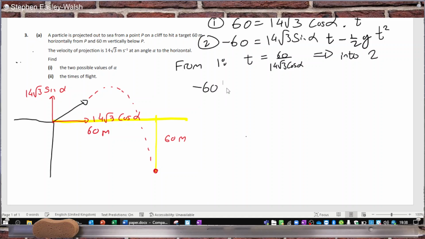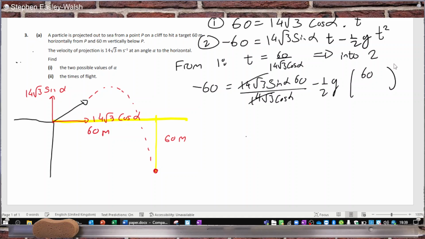You'll get minus 60 equals 14 root 3 sine alpha over 60 times 60 over 14 root 3 cos alpha, cancel, minus a half g t squared, 60 over 14 root 3 cos alpha.